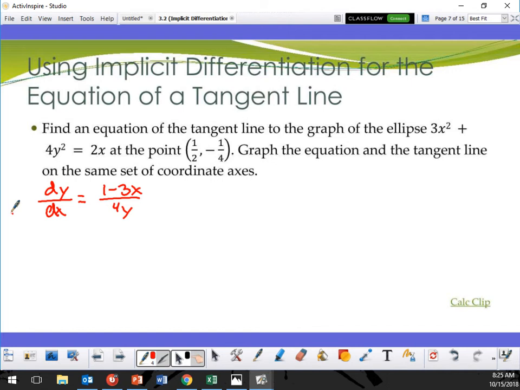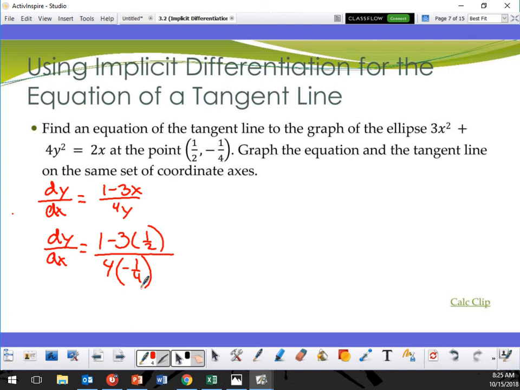x and y, right? I'm going to plug in x and y because I have an x and y in my function. So dy/dx is equal to 1 minus 3 times 1/2 over 4 times negative 1/4. So let's see. On top, what am I going to get?